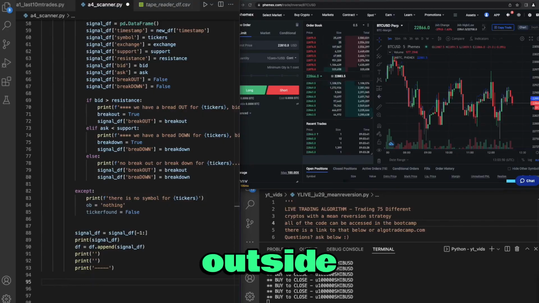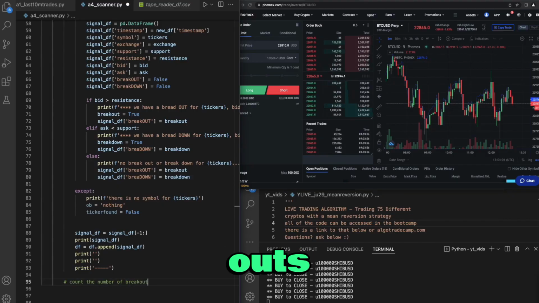And then outside of the except, so after we're done, I want to count the number of breakouts. So let's say count the number of breakouts or downs, and that's pretty easy to do.